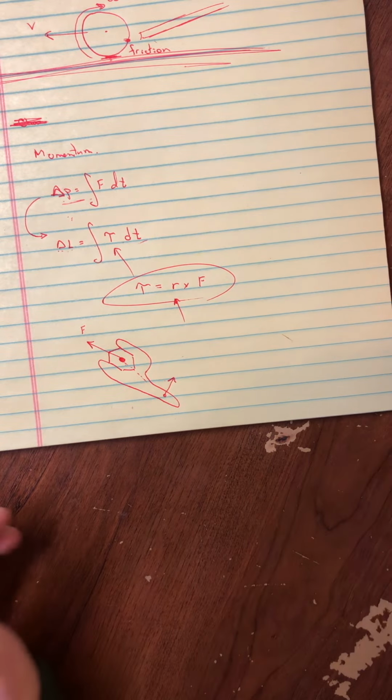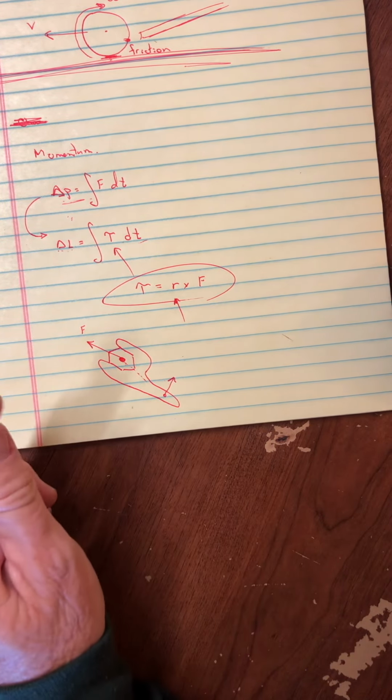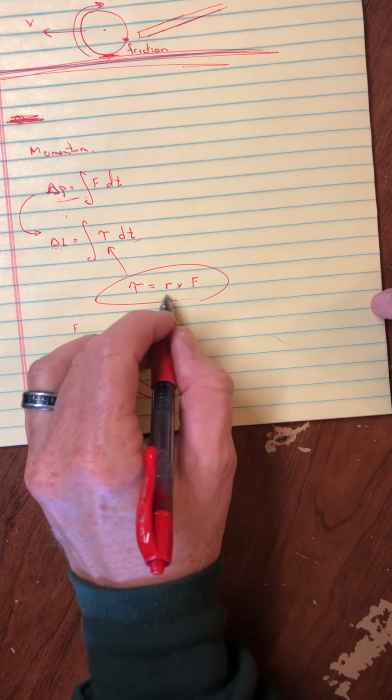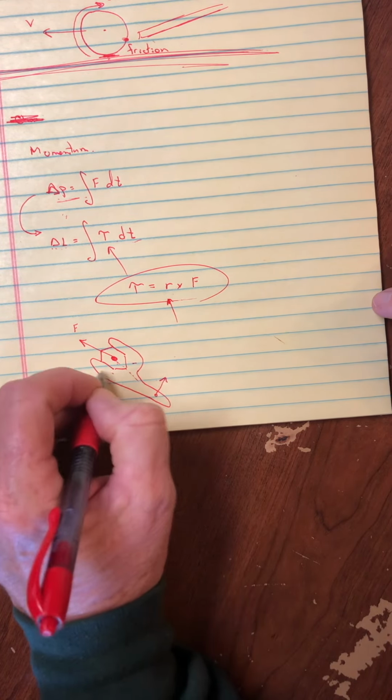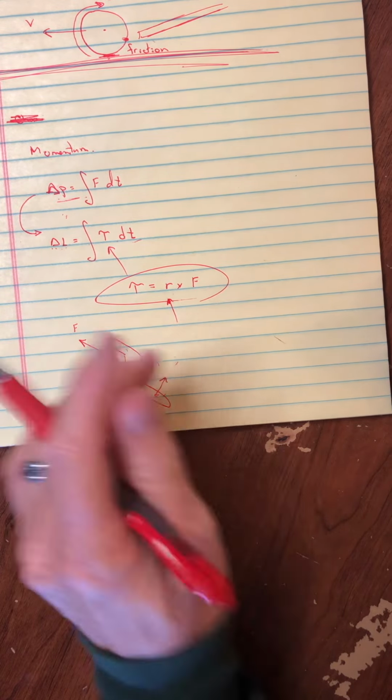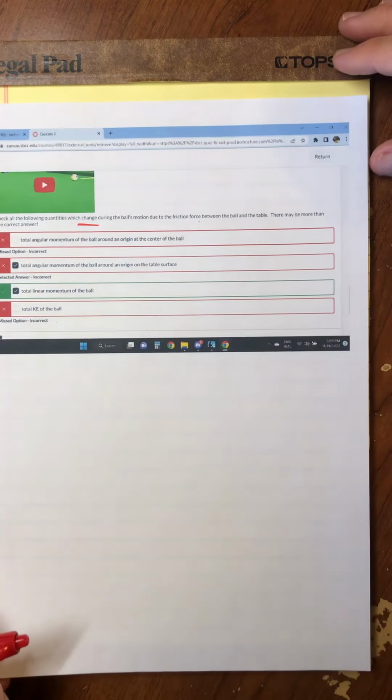So how you're calculating the torque matters, because you could pick an artificial or real pivot point anywhere you want, and your R could be 0. All right, I hope that wasn't too long-winded, because that's really the key here to our options.